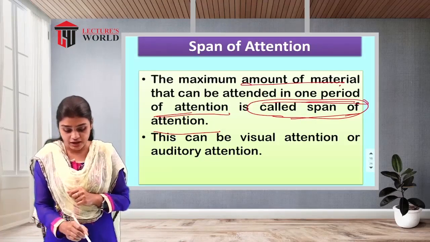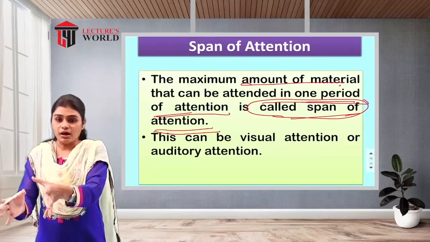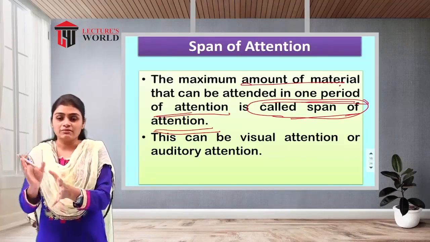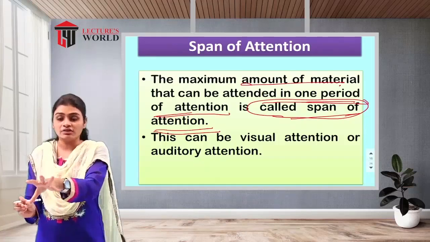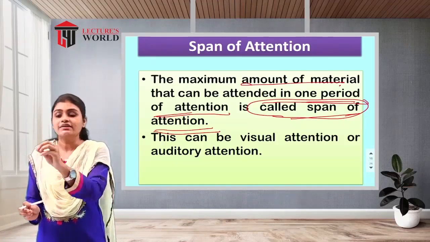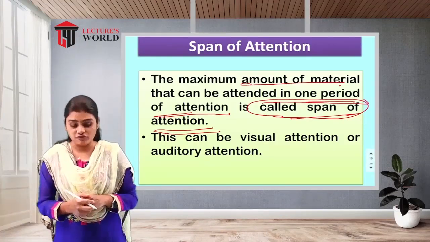For example, there should be an adequate amount of material and at the same time an adequate amount of time, so that I can concentrate on or attend to that specific stimulus. So that is your span of attention.